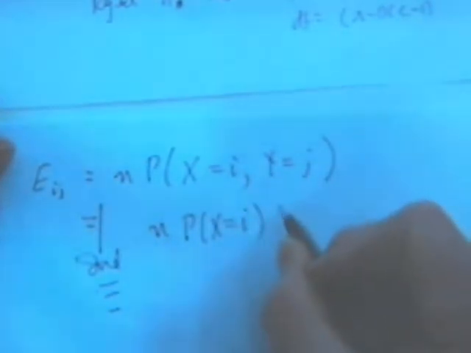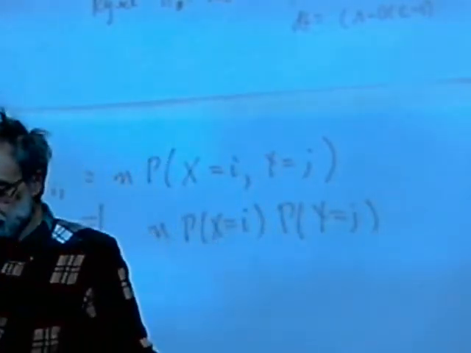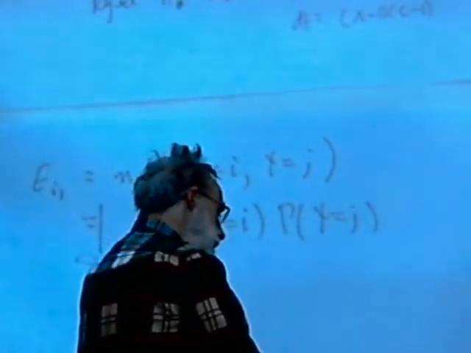You just need to know what it is under independence. Now, you don't know those probabilities. If you did, then you wouldn't have to do this test. But you can estimate those. Those are just in the margins of the table, and they're the non-parametric estimates of those probabilities.